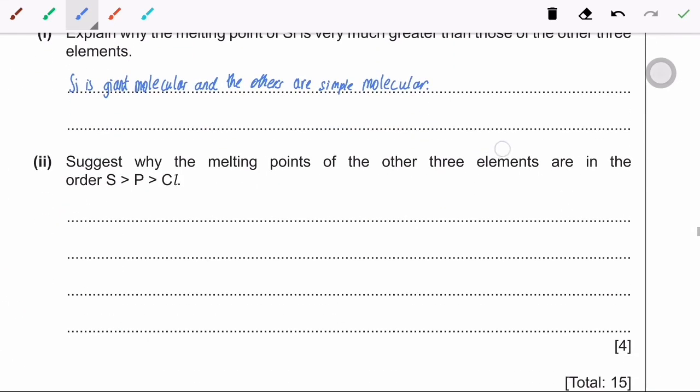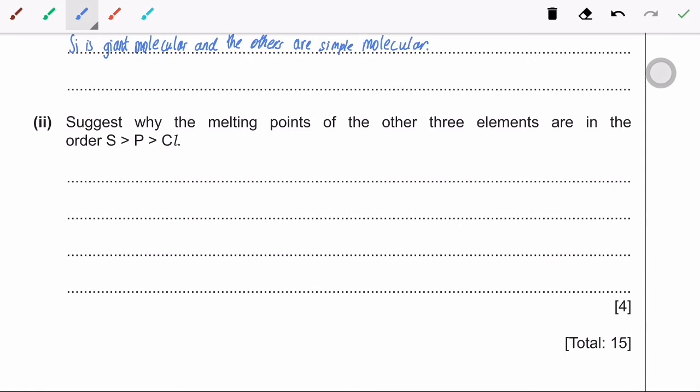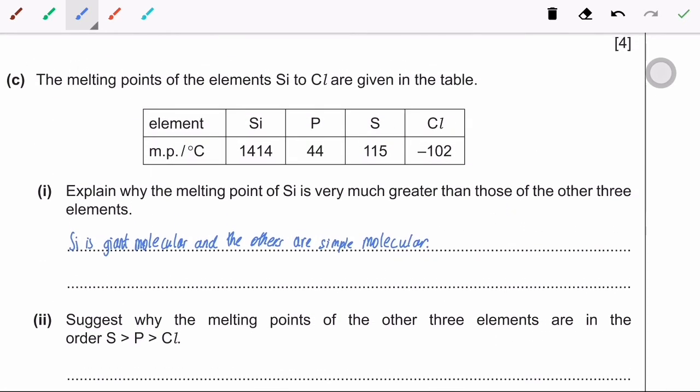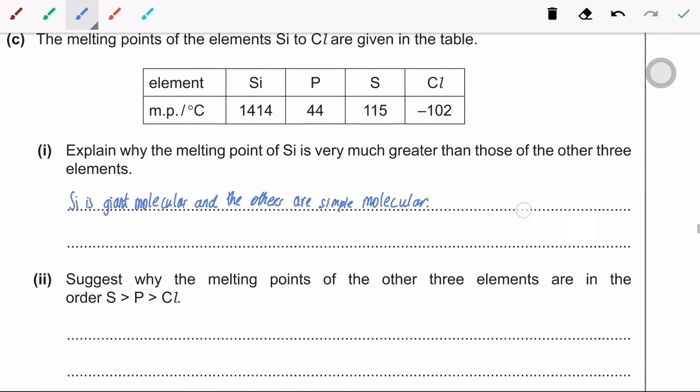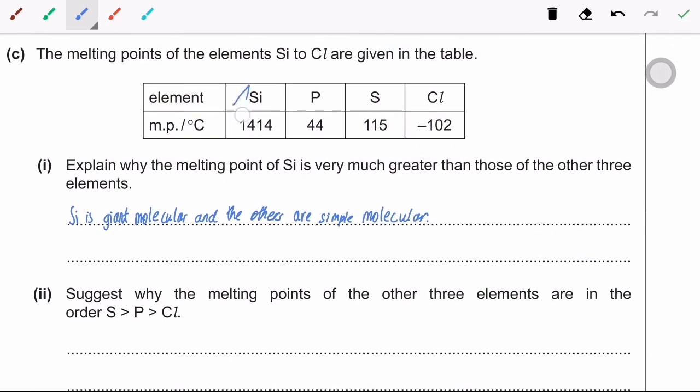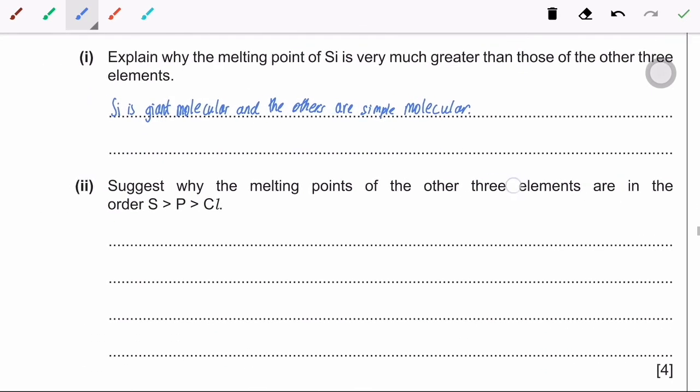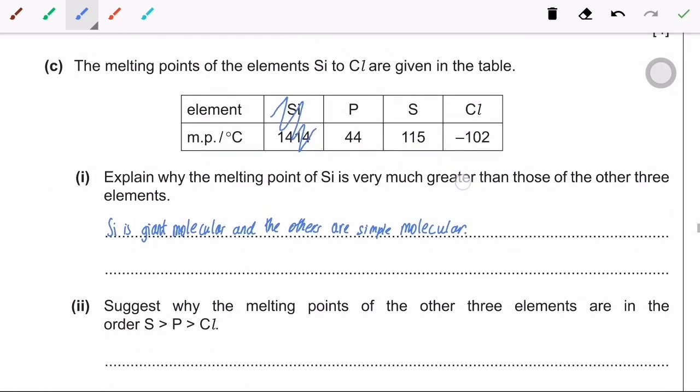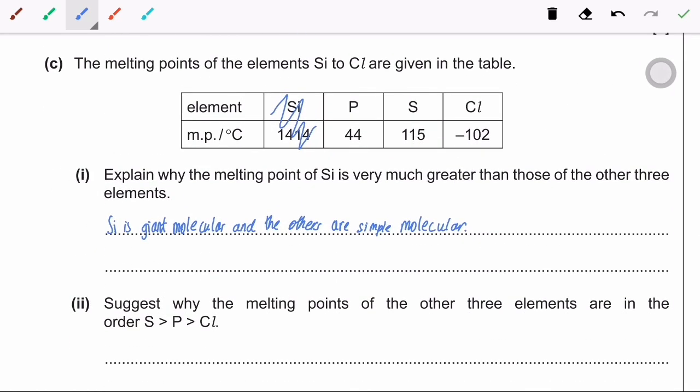Suggest why the melting points of the other three elements are in the order sulfur is greater than phosphorus is greater than chlorine. Now they've crossed silicon out from the list, so we just have the three of them remaining. Why is sulfur in between?